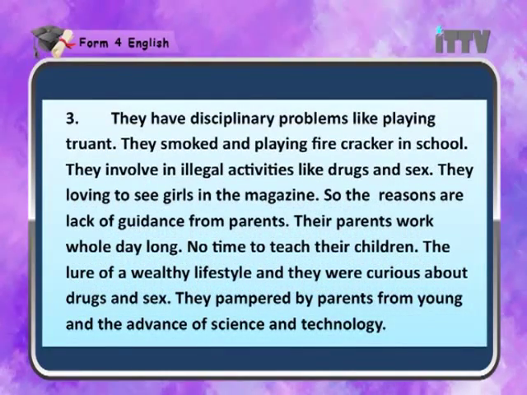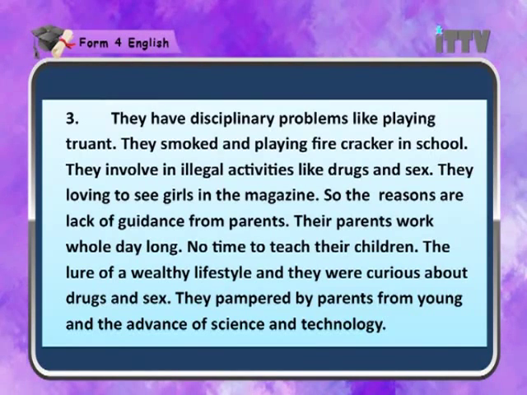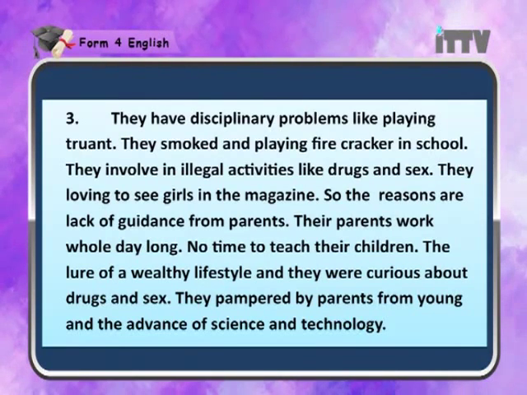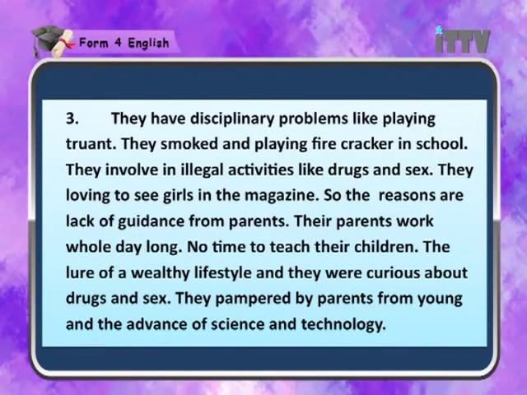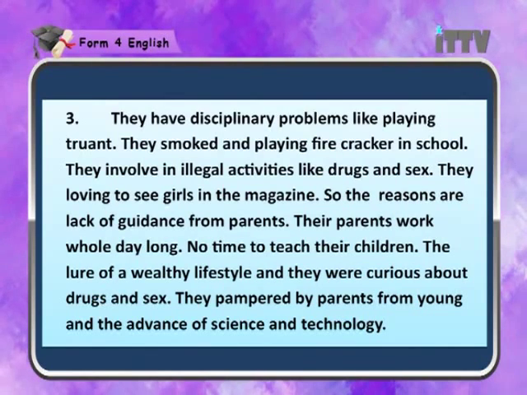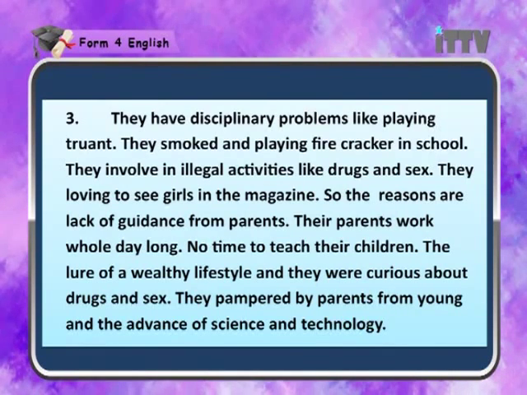Paragraph 3. They have disciplinary problems like playing truant. They smoked and playing firecrackers in school. They involve in illegal activities like drugs and sex. They loving to see girls in the magazine. So the reasons are lack of guidance from parents.